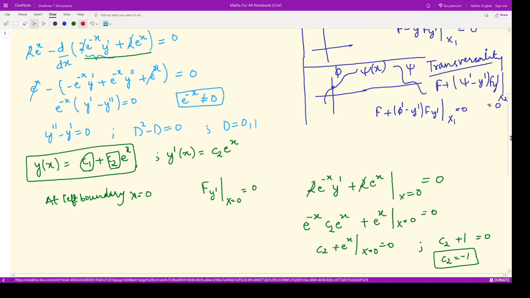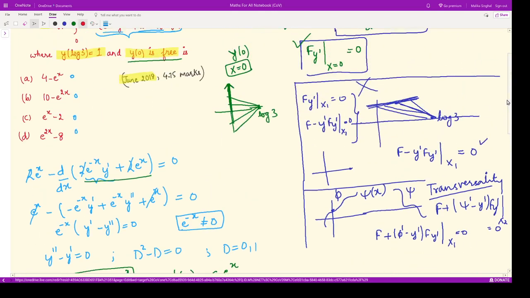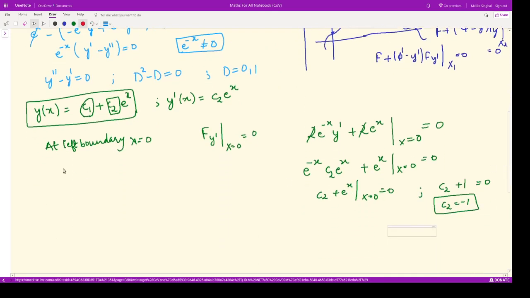So let us calculate the other constant from the given condition. The given condition is y at log 3 is 1. So let us substitute it in our extremal. So our extremal now becomes y is equal to c1 plus, what is c2? c2 is minus 1. So we have minus 1 e to the power x. What was our condition?